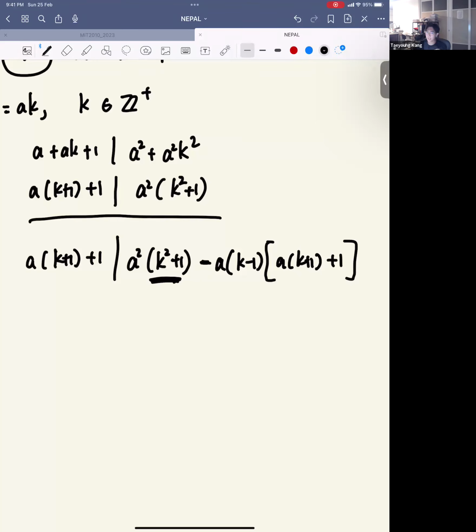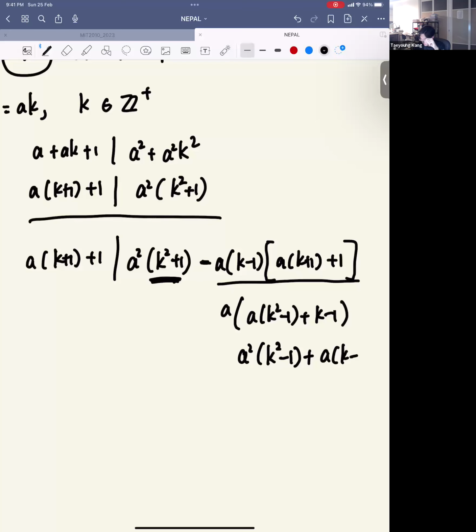And the closest we can get to it is this. Because this is just A times A(K squared minus 1) plus A(K minus 1), right? Which is just A squared(K squared minus 1) plus A(K minus 1).